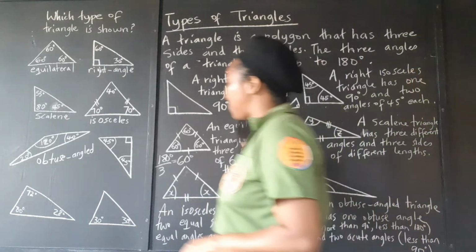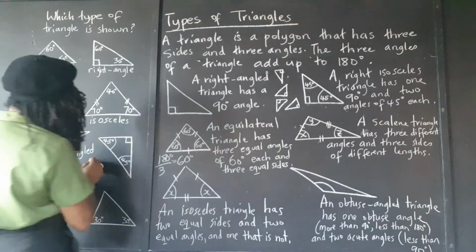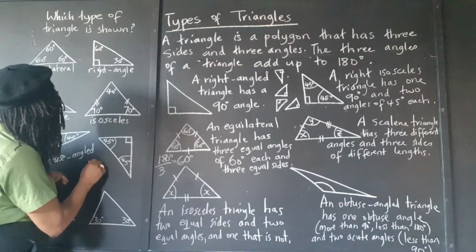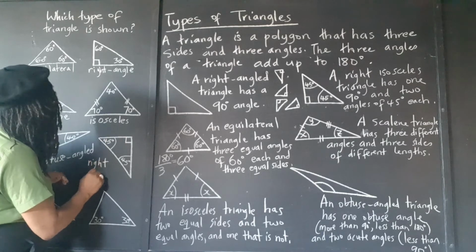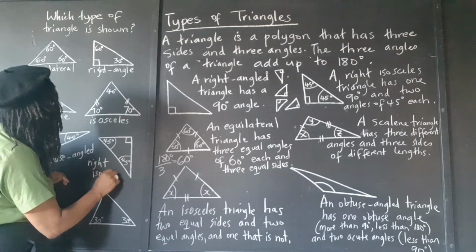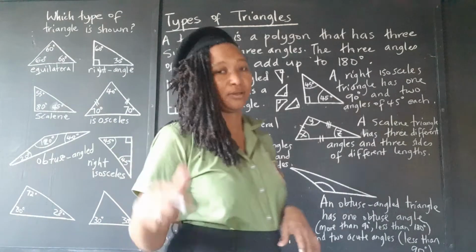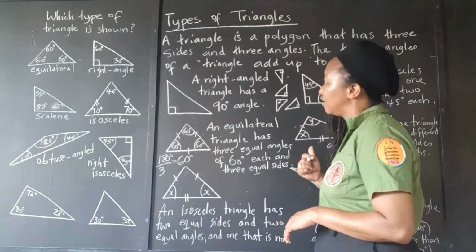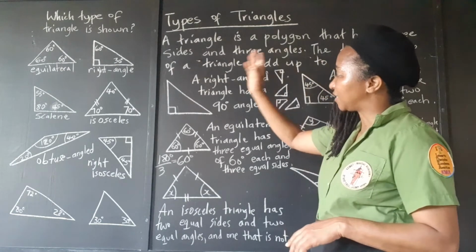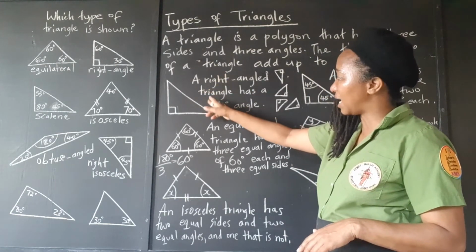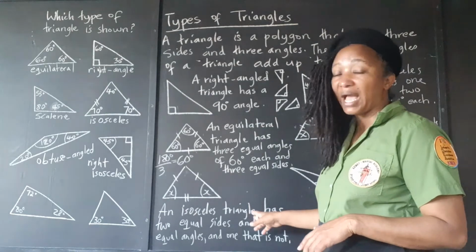So this is a really special guy. It's the right isosceles. It satisfies the criterion for the right angle as well as the isosceles.